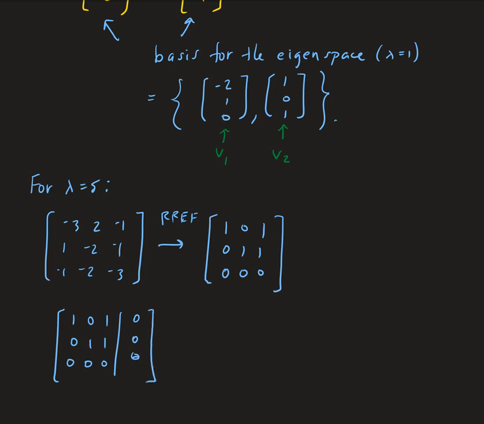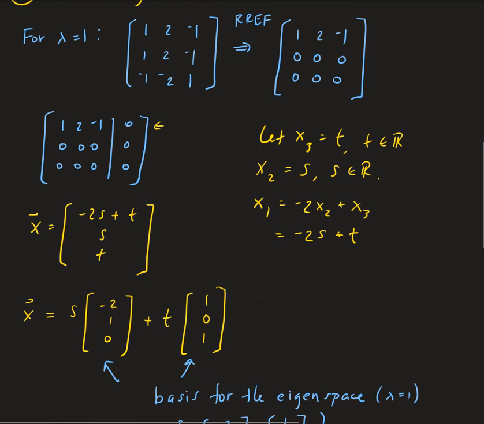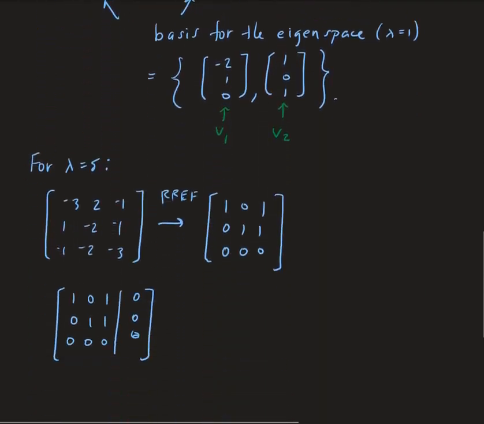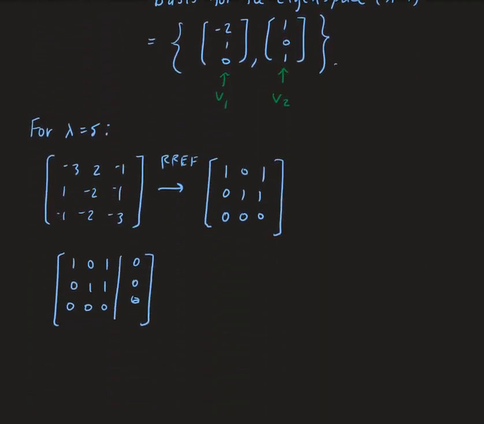Just like before, we're going to come up with our solution and then write it in parametric form. In this case, we get one free variable. So we're going to let x3 be equal to t, where t is some real value.